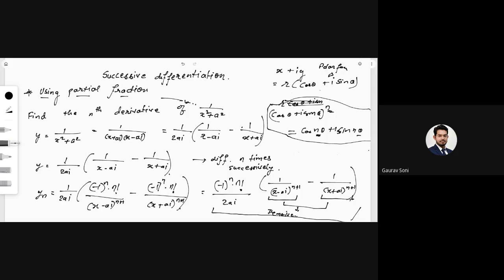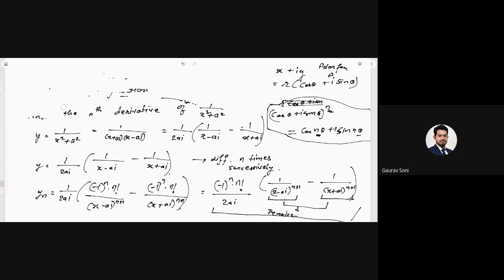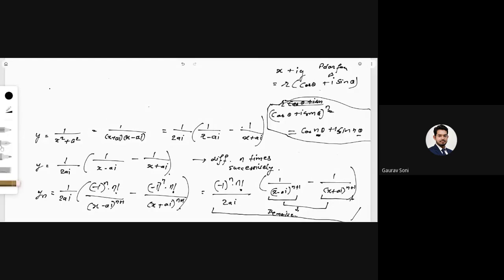So let x plus ai be equal to r cos theta plus i sin theta.